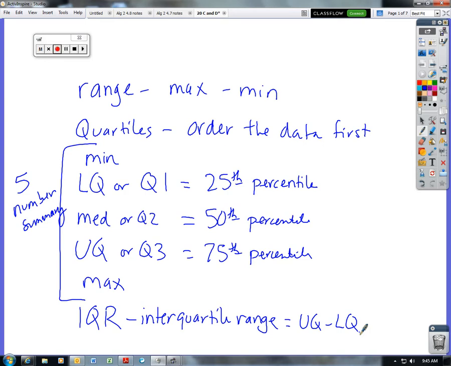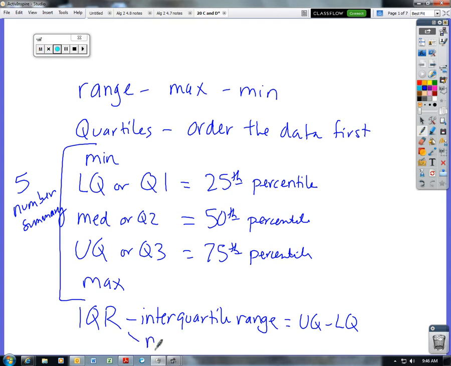Is the range affected by outliers? Yes, because the outliers are going to be the maxes and the mins, aren't they? So if you have really big values on the ends, it's going to change the range. Is the IQR affected by outliers? And the answer is no, because the outliers are way out here. They're not going to affect these values here in the middle when you list them.